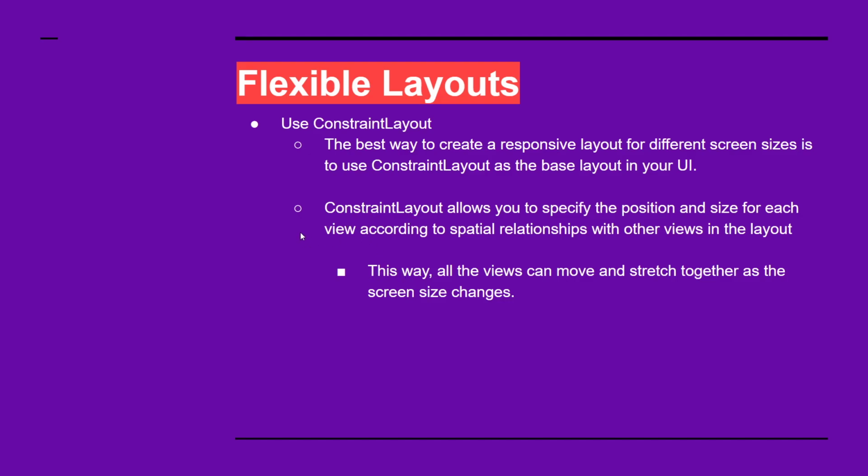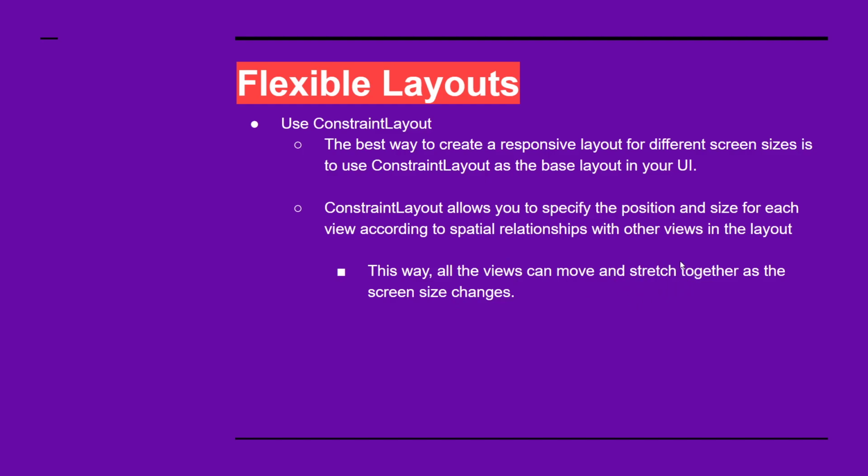Second bullet point: this way all the views can move and stretch together as the screen size changes. When you use constraint layout and specify the relationship positions in relation to other views, the advantage is that when you move a view, all the other views will move in relation to it, and when it stretches, everything will stretch together.